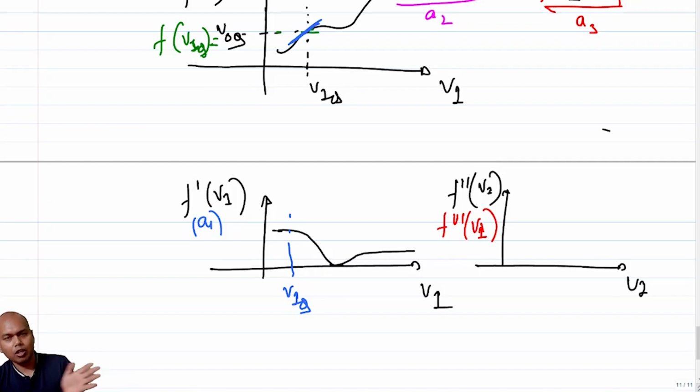From this bunch of plots, you figure out where you want to bias in order to maximize the first derivative and minimize the others, right? So this is another way of going about figuring out where to bias in order to mitigate distortion.